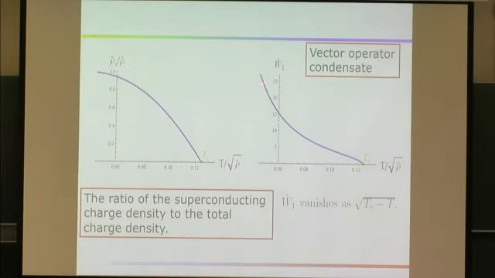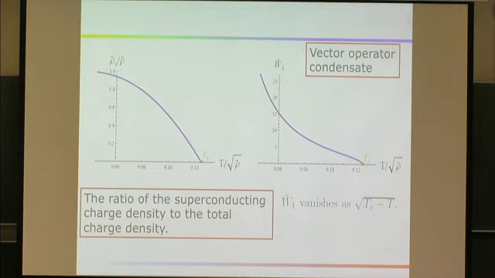Here is the condensation behavior of the vectors. Here at the critical point, the dual operator vanishes in this way. The critical exponent is just 1/2, the value in mean field theory. Here it shows the ratio of the superconductor charge density to the total charge density.